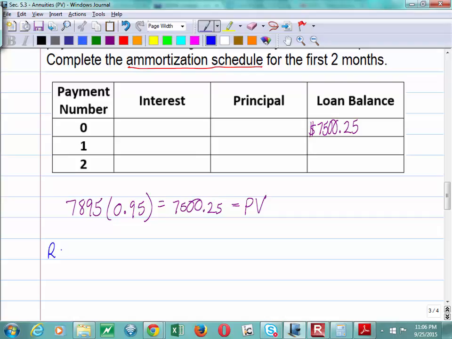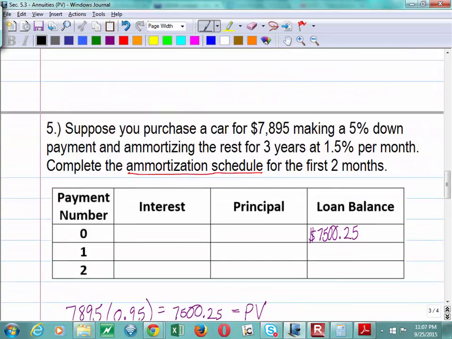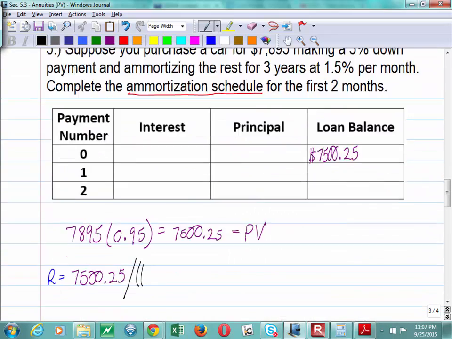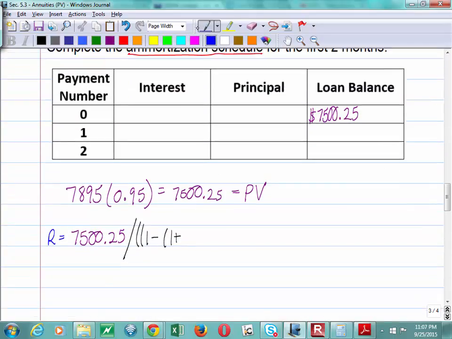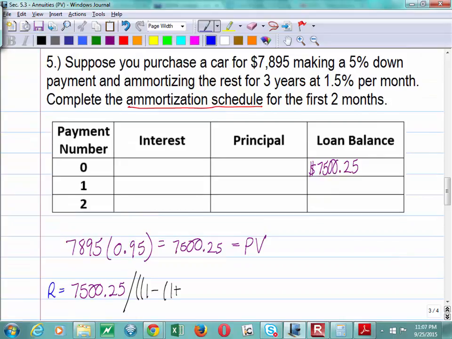So it's 1.5% per month. So basically i equals 0.015. We don't have to divide it because it's already per month.